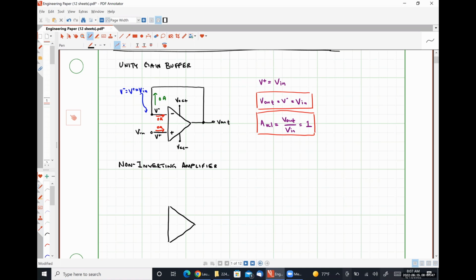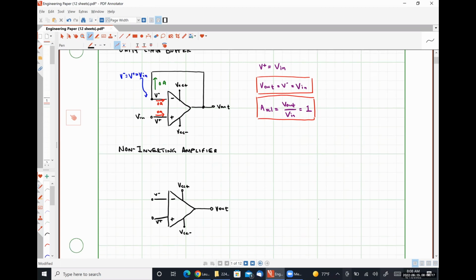Here we have our op amp. Here is our inverting input terminal and non-inverting input terminal. So here we have V plus, here we have V minus. Here's our output pin, V out, and my power supply terminals for VCC plus and VCC minus.